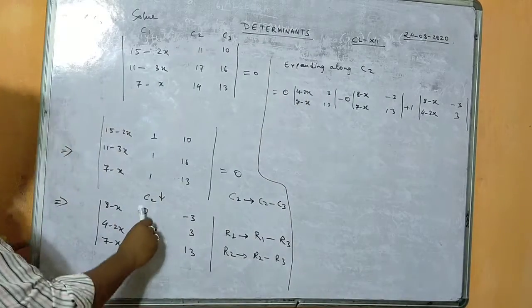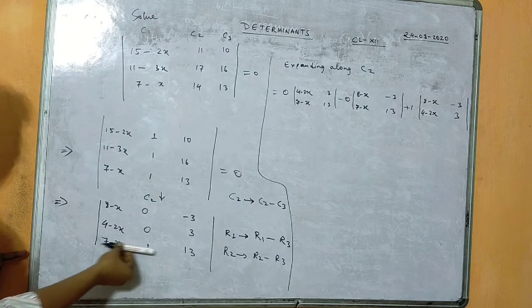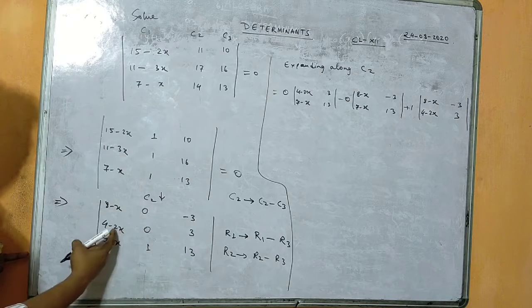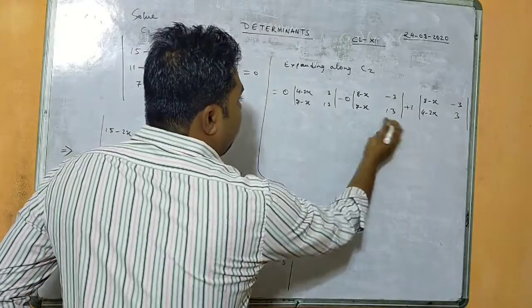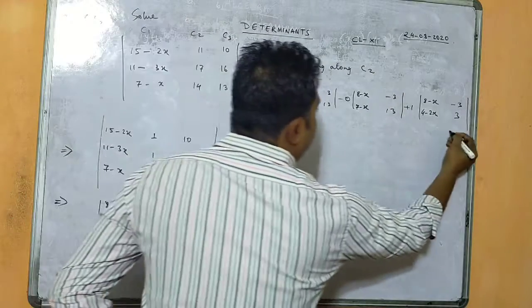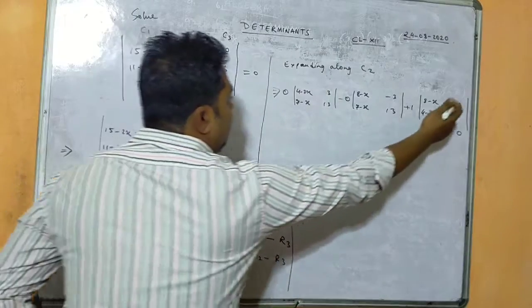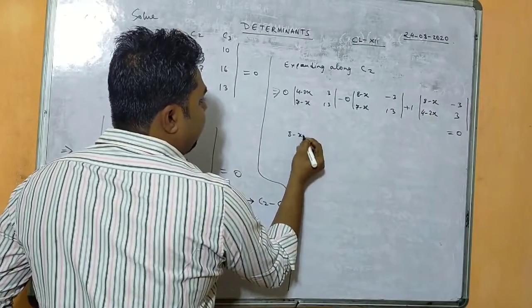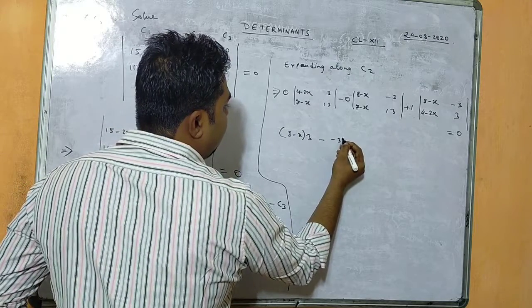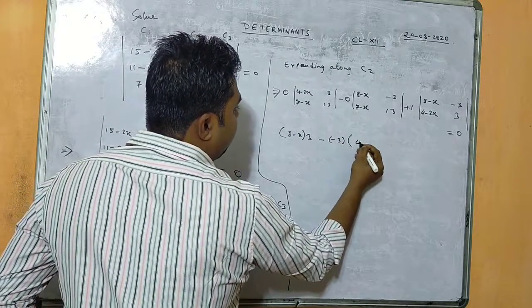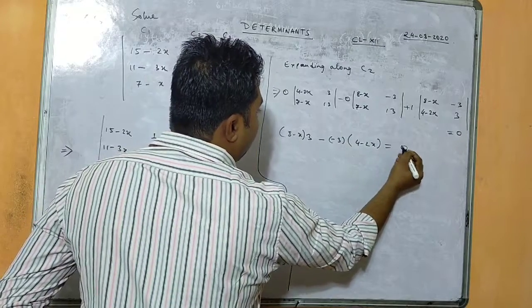You see, when you hide corresponding row and corresponding column, you will get 1, 2, 3, 4. Right? So 0 multiplied with something is 0, here also 0, and right hand side we have 0 here. So ultimately we will get only for this, that is 8 minus x multiplied by 3 minus, again minus 3 multiplied with 4 minus 2x equals to 0.